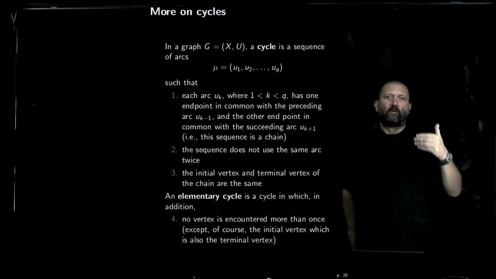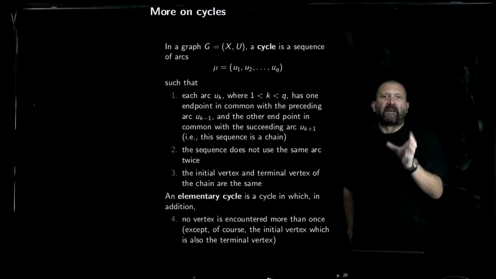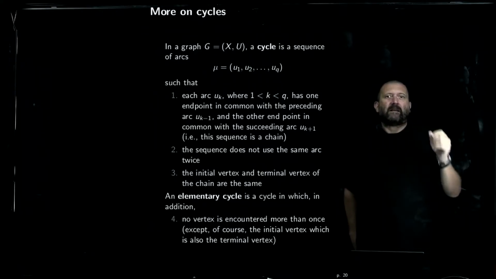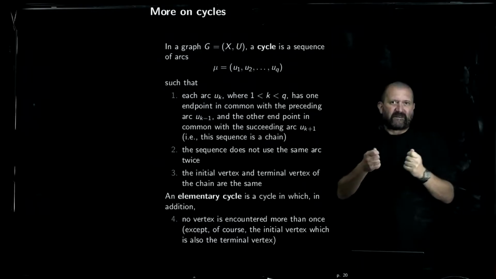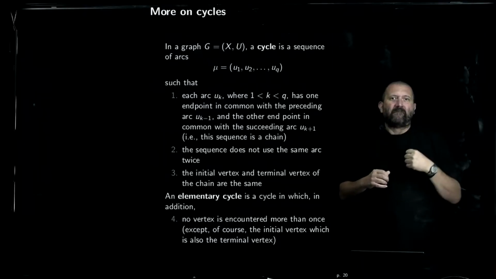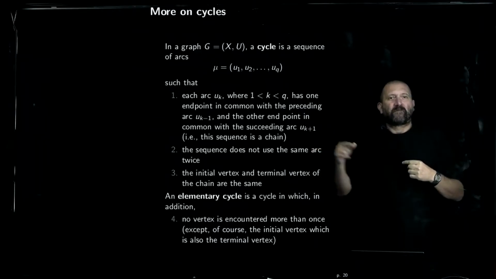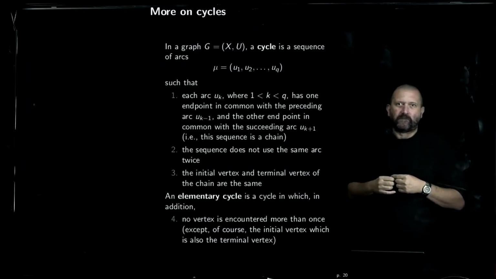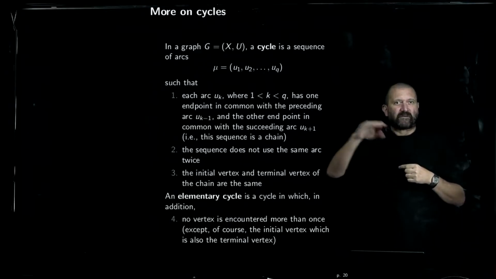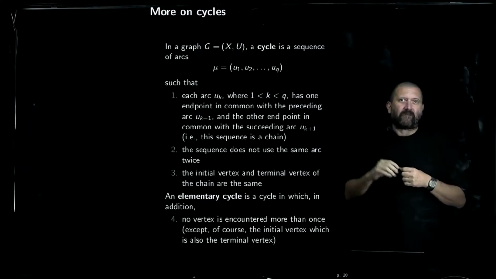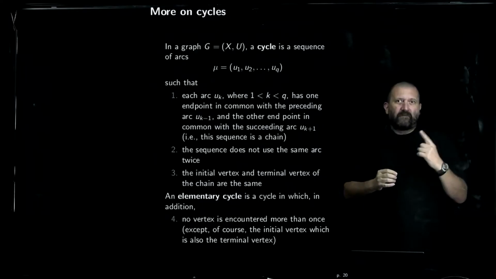So if I call U_k the kth arc in the cycle, then U_k and U_{k-1} share an endpoint, and the other endpoint is shared with the (k+1)th entry in the cycle. Okay, so we have a chain of arcs that is defined that way. Another thing is that this sequence does not use the same arc twice.